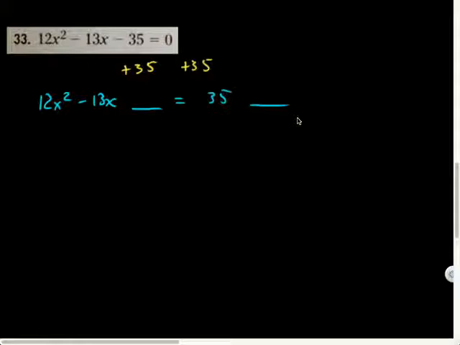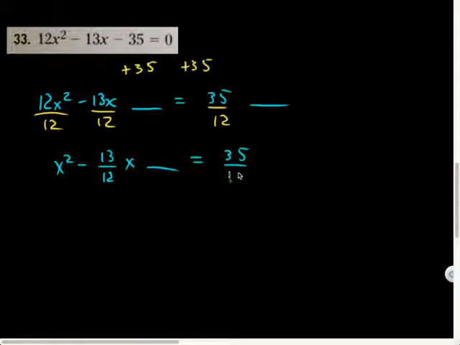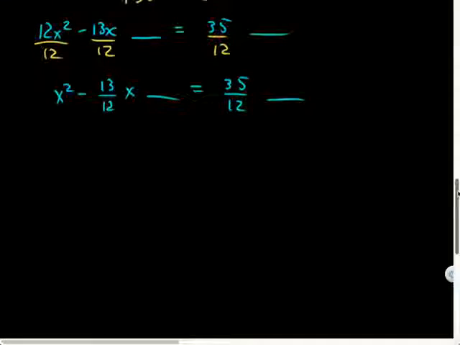Oh wait, I can't find my new C term because I got to deal with this 12 first. So divide by 12. So let's see, x squared minus 13/12 x equals 35/12 blank.